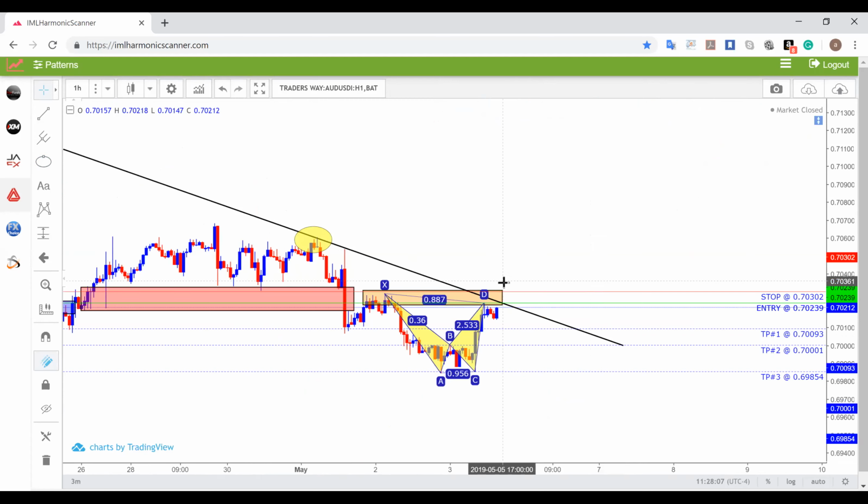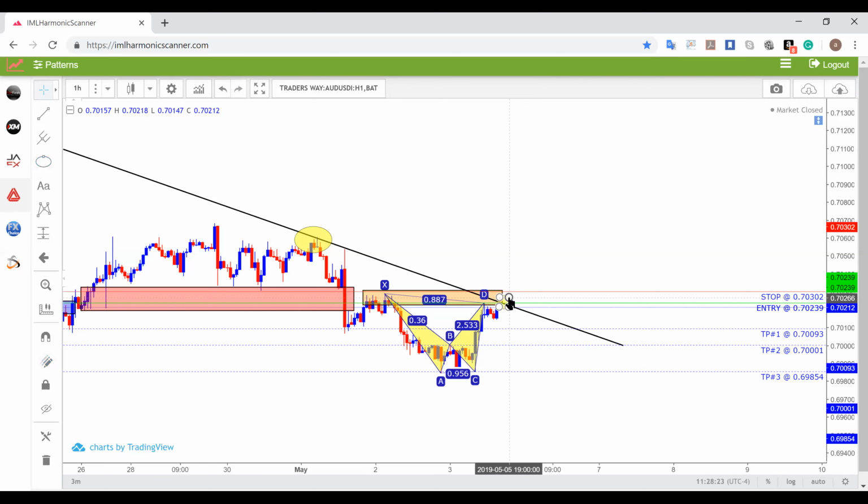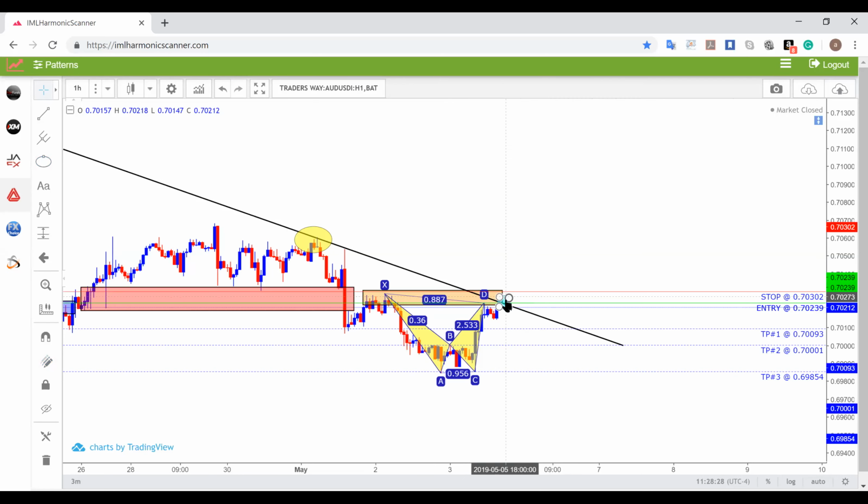What do you think is gonna happen when price touches this point here? What do you guys think is gonna happen? I'll put it light blue, just for example.